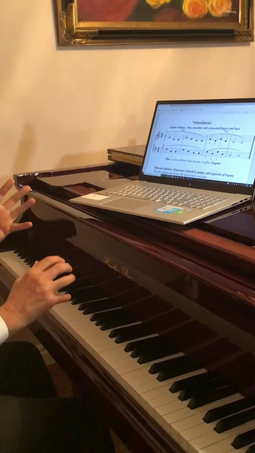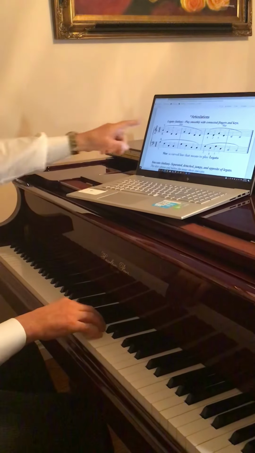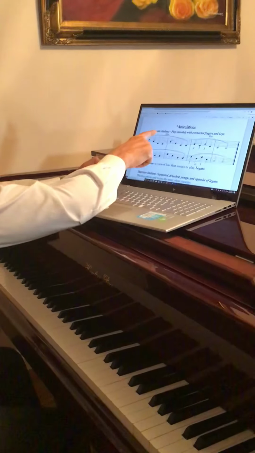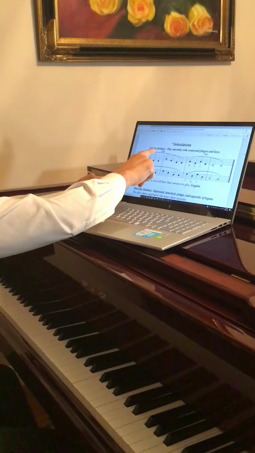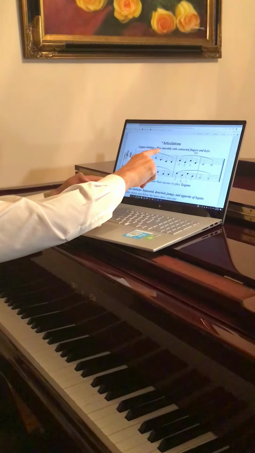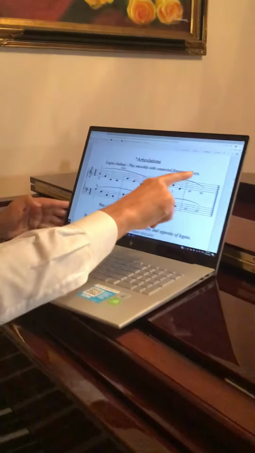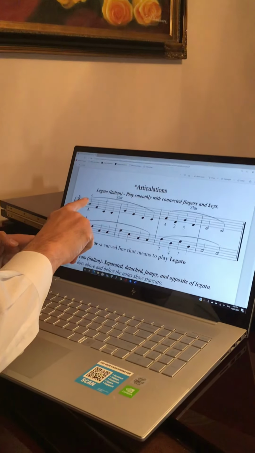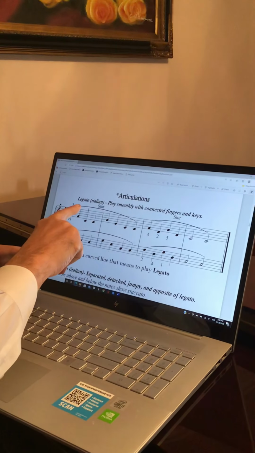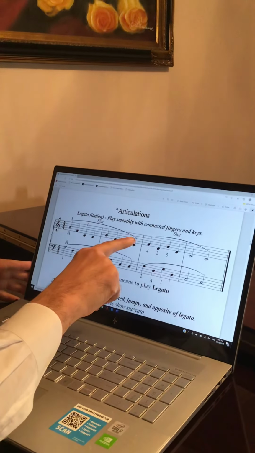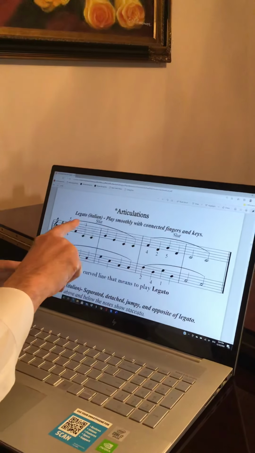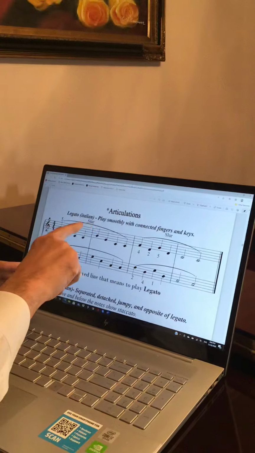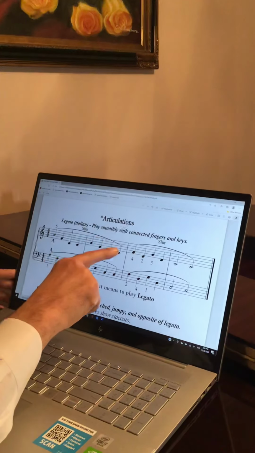This is the legato. Legato, an Italian word, means to play smoothly with connected fingers and keys. And if you see that we have right now the big curved line, we call that a slur, and it indicates legato.